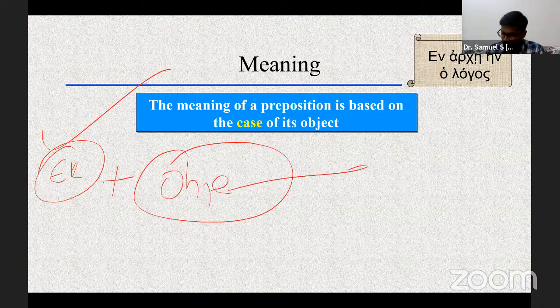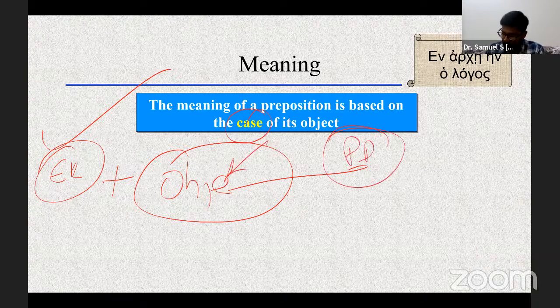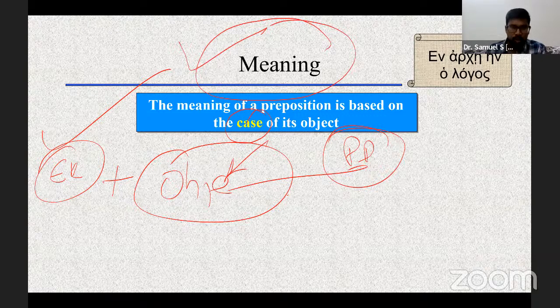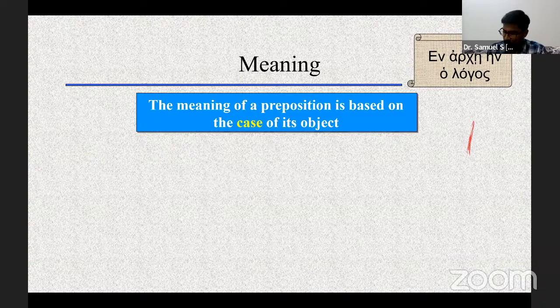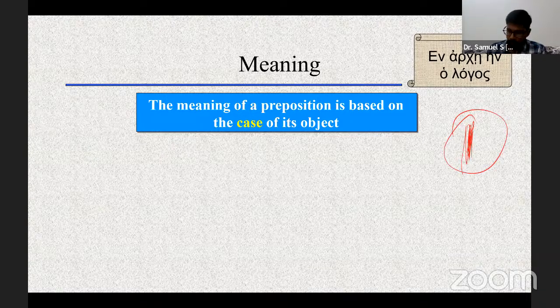Only after you see the case of the object in the prepositional phrase can you ascertain the meaning. Prepositions by themselves have no meaning, except the preposition which only goes with one case, right? Most prepositions, though, have multiple case objects. Therefore, you have to see what is the case of the object and then decide the meaning.